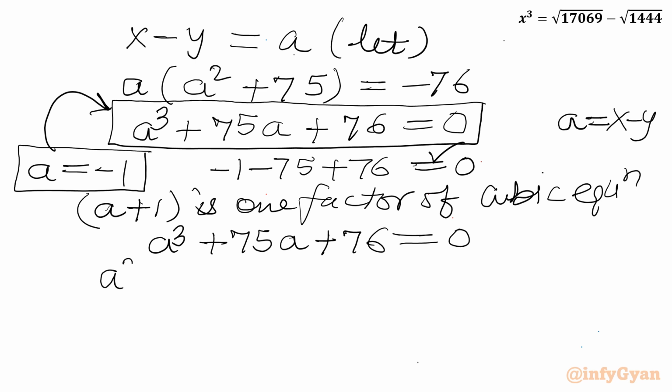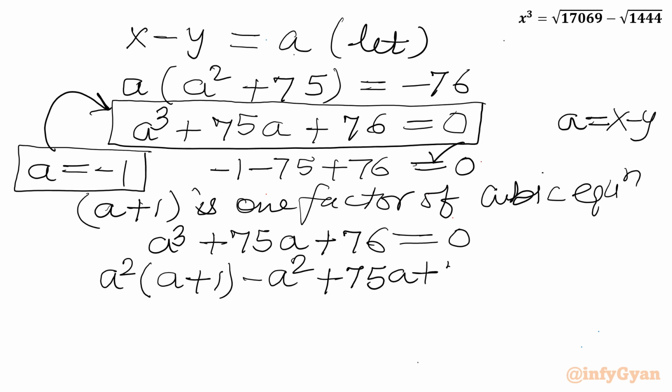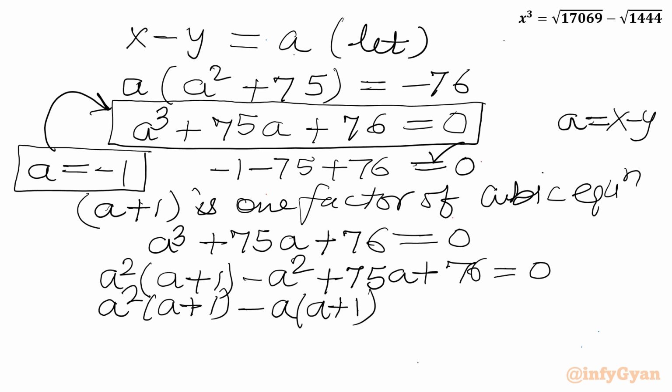Now I can write A square times this factor A plus 1. What is extra? It is A square. So I will write minus A square. Remaining terms as it is equal to 0. Now the same task I will apply to the second term minus A square. I will write minus A times that factor A plus 1. So what is extra? Minus A. To compensate minus A, I need to add A plus 75A plus 76 equal to 0.